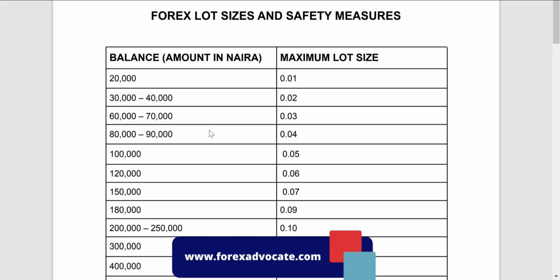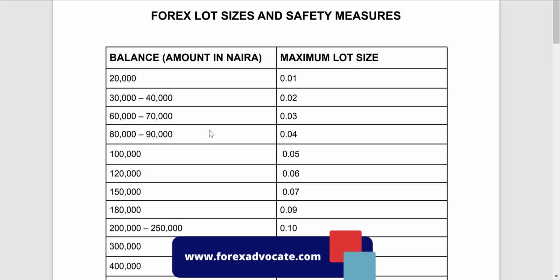That's 1 pip, because you calculate it in 4 decimal places. So if you are using a standard lot 1.0 for a particular trade, anytime the market moves 1 pip in your favor, you have made $10. If it goes against you, you have lost $10. But if you are using a mini lot of 0.1, anytime the market moves in your favor, you are making $1, and anytime it moves against you, you are losing $1.